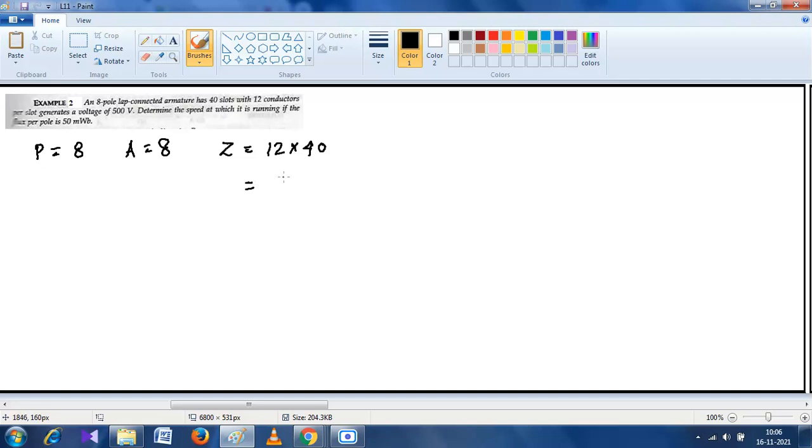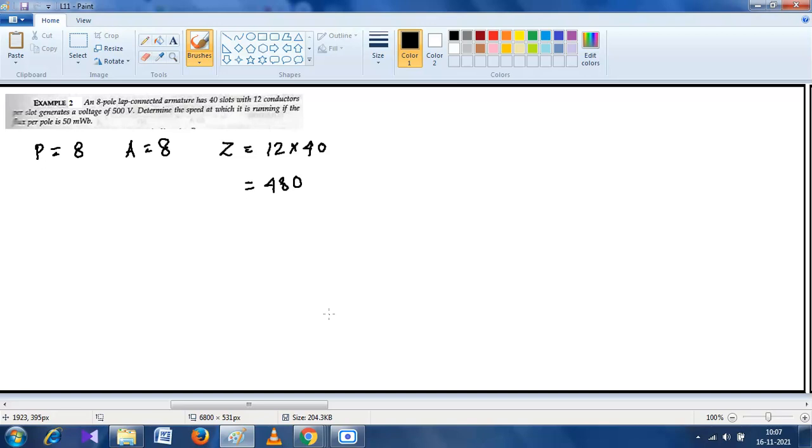There are 40 slots available and each slot has 12 conductors. So the total number of conductors is 40 into 12, or 12 into 40. So the total number of conductors is 480.